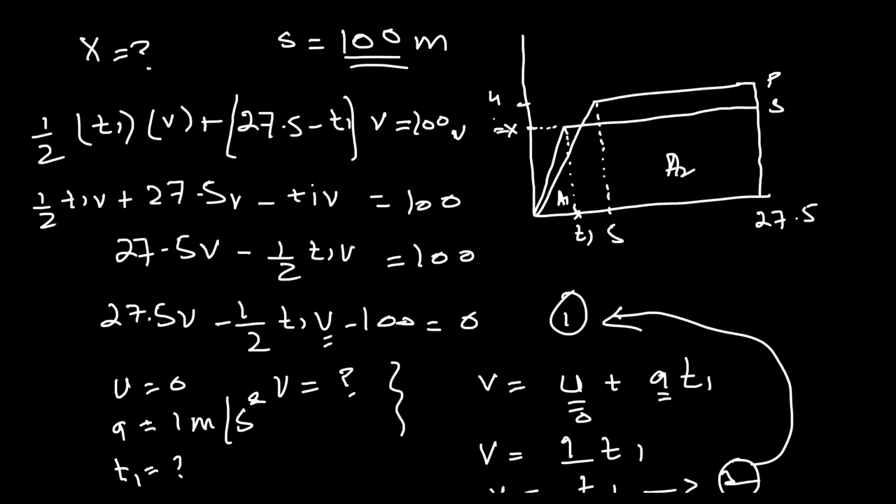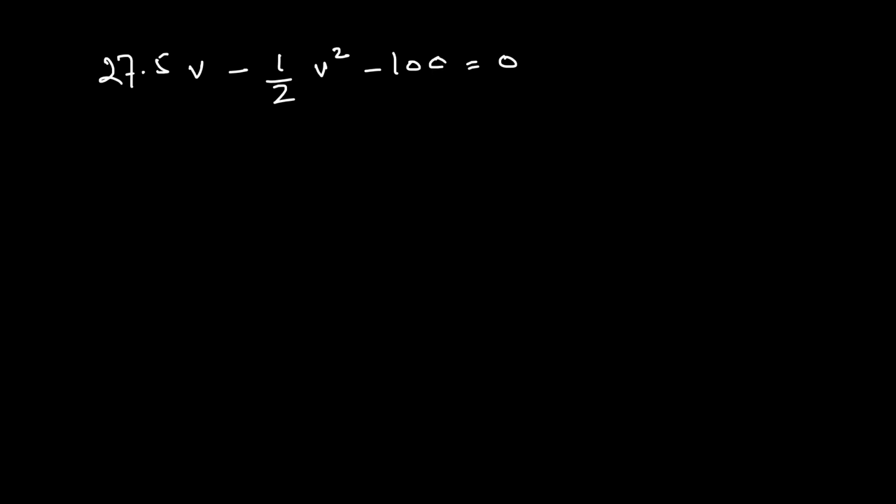We put this value in this equation, and we will get a quadratic equation. Let's do it. So this is the equation. Now it's a quadratic. Let's arrange it: minus 0.5 v squared plus 27.5 v minus 100 is equal to 0.